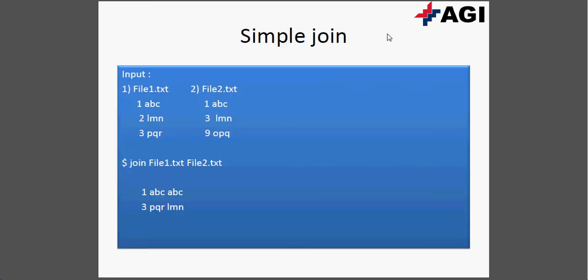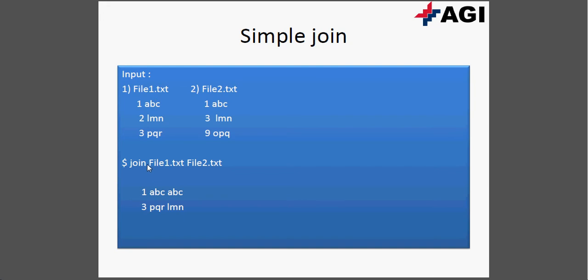In our first simple case we just do a simple join, that is join two files. Join basically works in a way that it finds the common entries in the first field, or the first column. Here I have two input files, file1.txt and file2.txt, and as you can see the first field is with numbers and the second field is with alphabets.